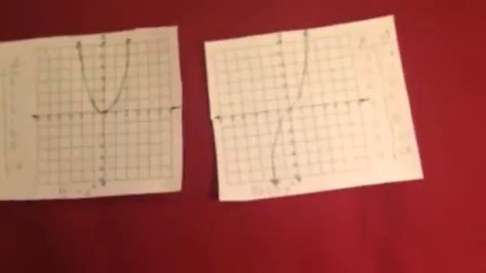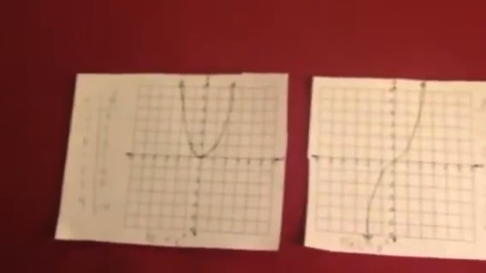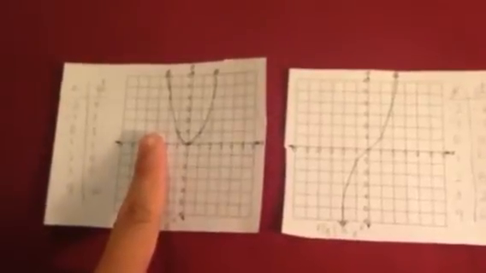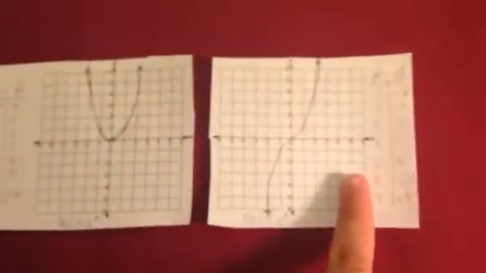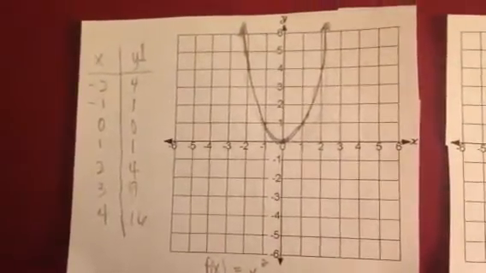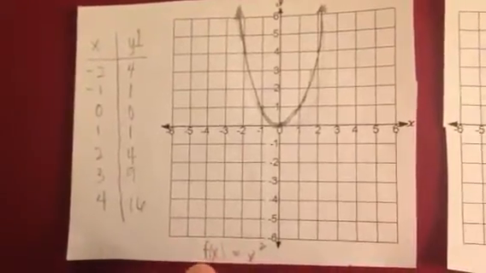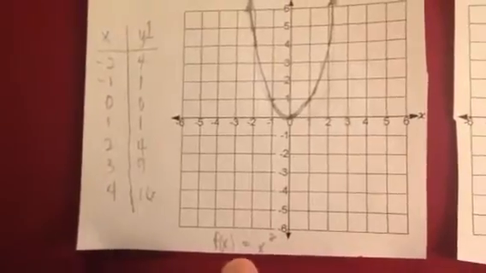Now these are the two functions that I chose to demonstrate my transformations. I chose this one, which was a quadratic function, and this one, which is a cubic function. This is an example of a quadratic function, which would be f(x) = x to the second power.